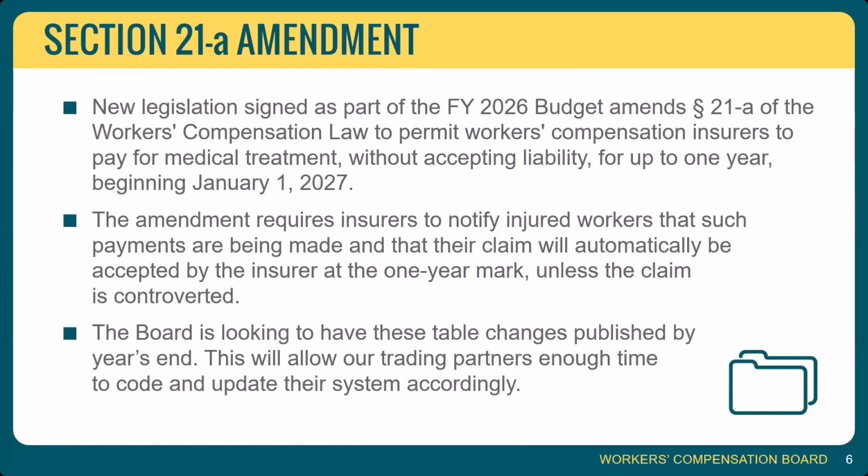This will begin on January 1st, 2027. It'll be very similar to how you can pay indemnity without liability today. This amendment is going to require that insurers notify the injured worker that such payments are being made. Their claim will automatically be accepted by the insurer at that 1 year mark, unless you controvert the claim within that 1 year.